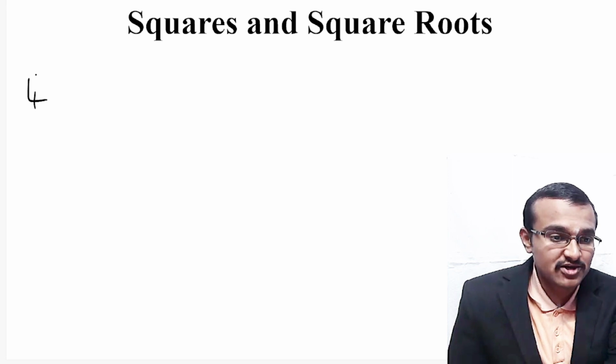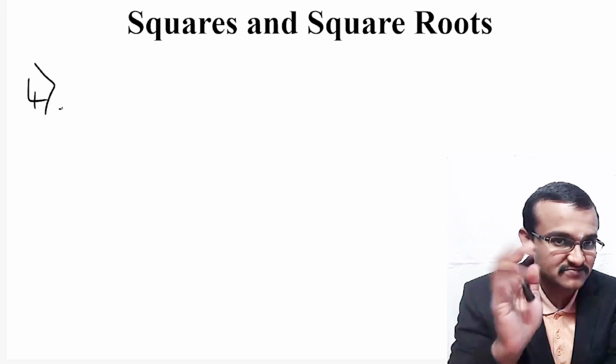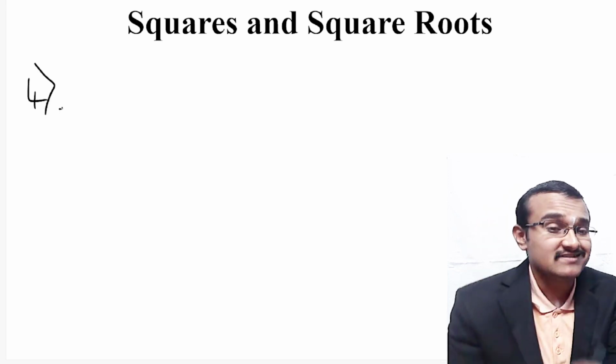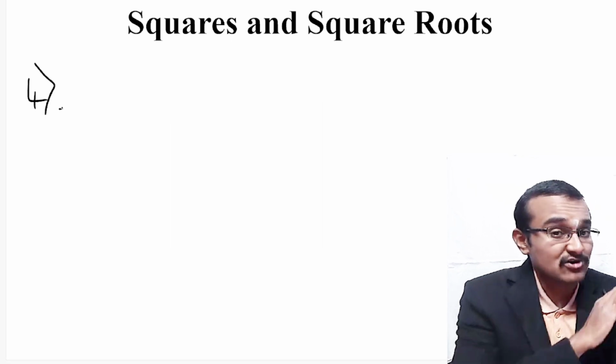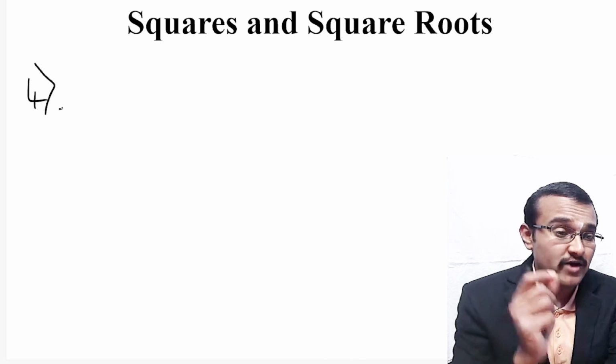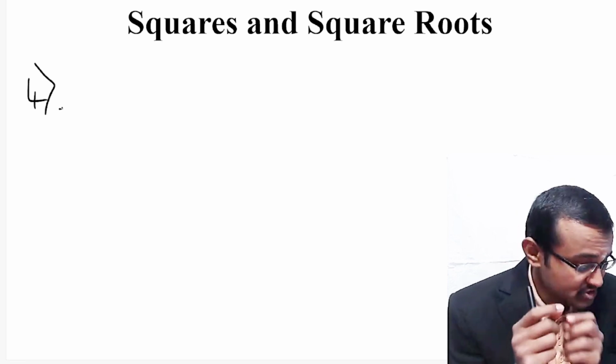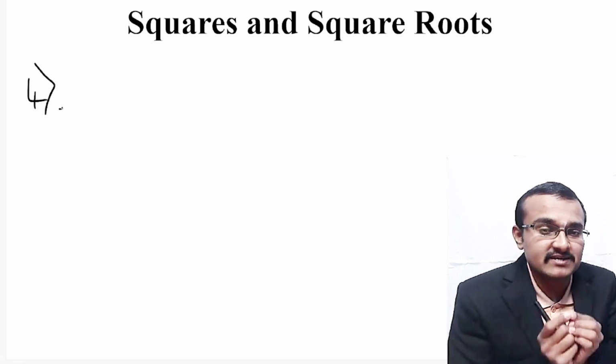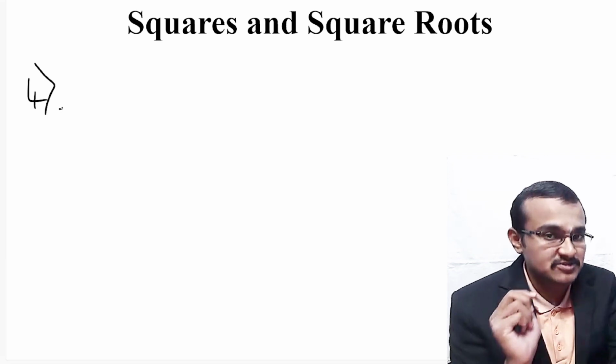Coming to the fourth question, here also they have given 5 questions, and all these 5 questions are not perfect squares. They are non-perfect squares, where you have to find which number should be subtracted from that number to get a perfect square.